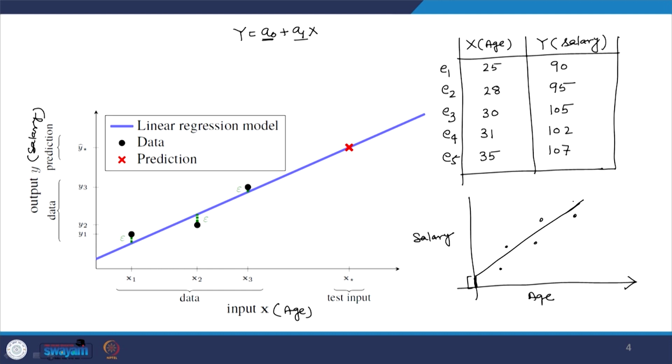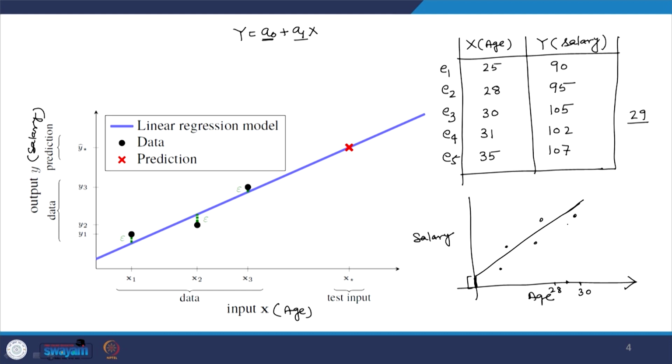Now suppose I have another employee of age 29, but I do not know the salary of that employee. Let us say this is 28 and this one is 30, so 29 will be somewhere here.